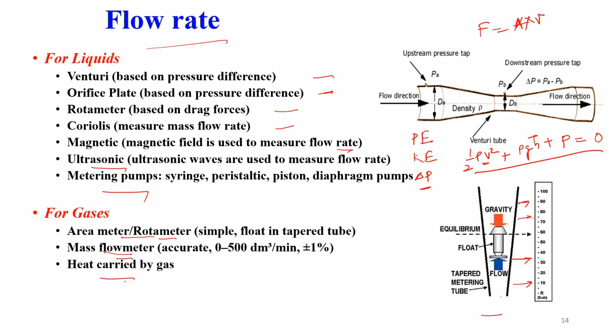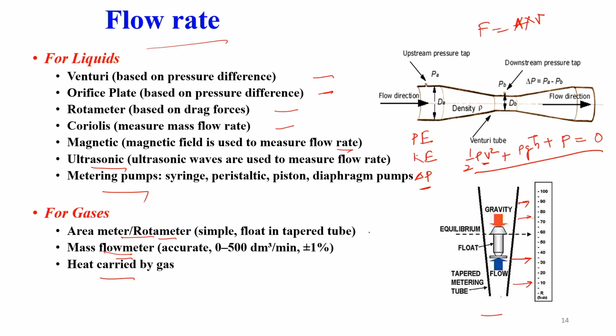Another type of measurement is the heat carried by the gas. The gas can also get heated, and depending on the change in temperature, we can calculate the flow rate. The most common one is the rotameter for gases, and the Venturi meter for liquid flow rate.